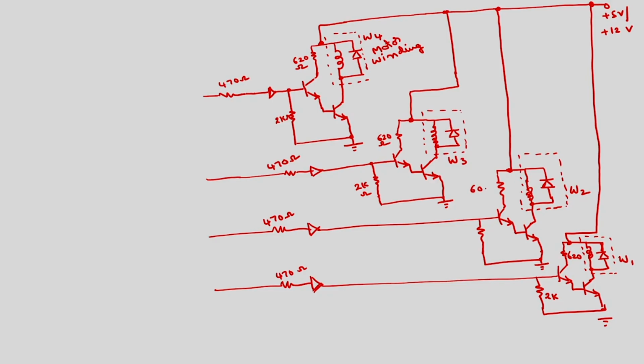On the other side we have to use the 8255. These are all called buffers. There are 4 buffers. We know the buffer increases the current capacity.